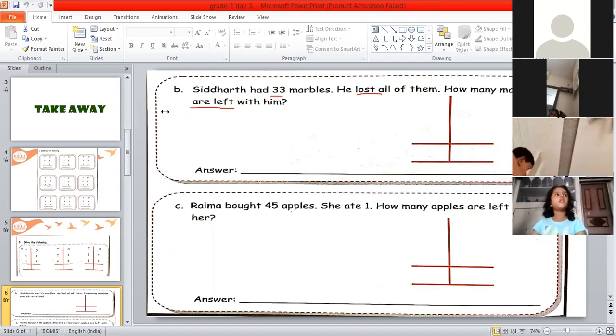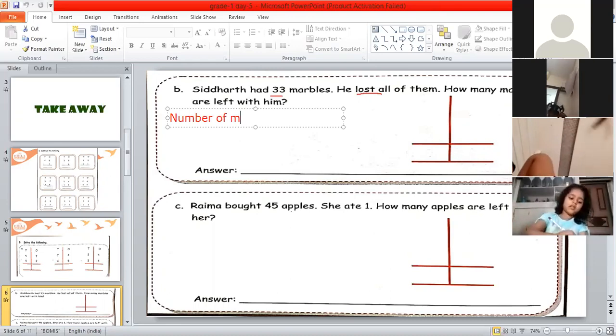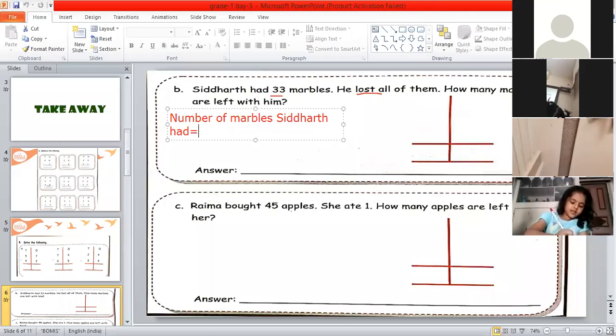So children, start writing in your book. Yes, children, write: number of marbles Siddharth had equal to how many? 33.